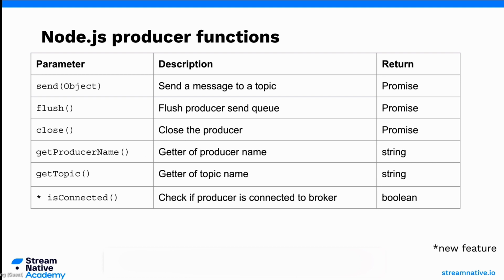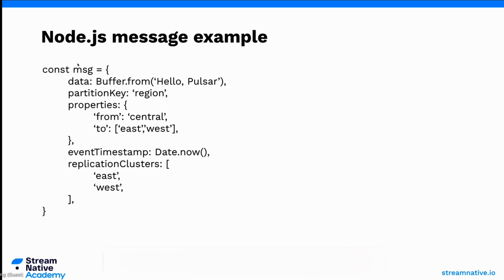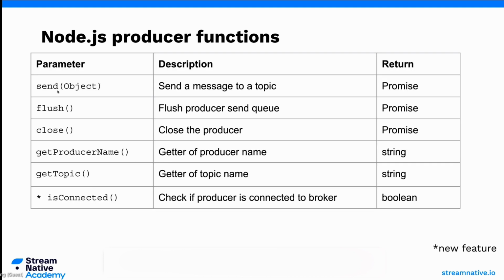Okay, so the next step is the producer, the same logic. The producer has functions. First, send, which takes an object. In the last slide, you formed the message. Then you feed the message into the send function, so you send a message to a topic.